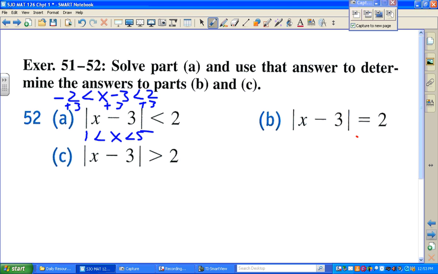Well, what's x going to be in part B if it actually equals 2? X is going to be what numbers? 5 and 1. That's pretty easy to see. And what about if it's going to be bigger than 2?